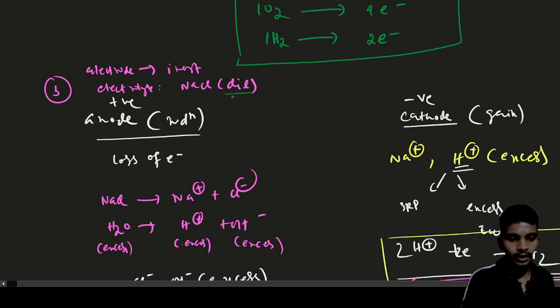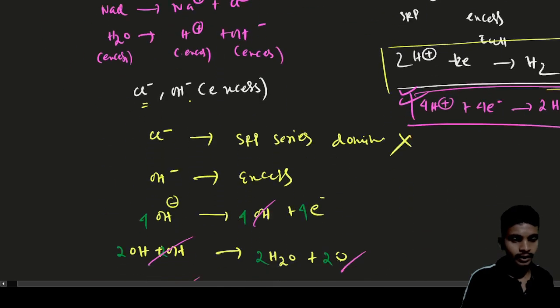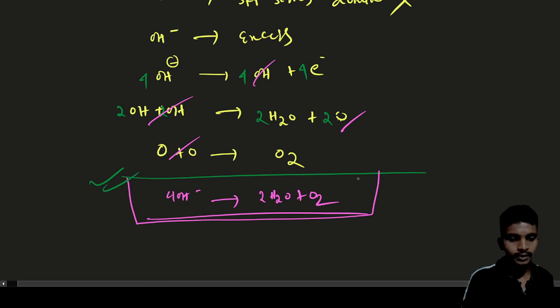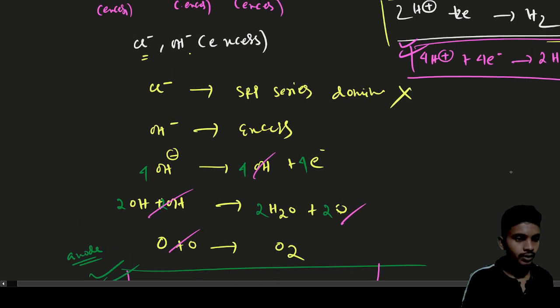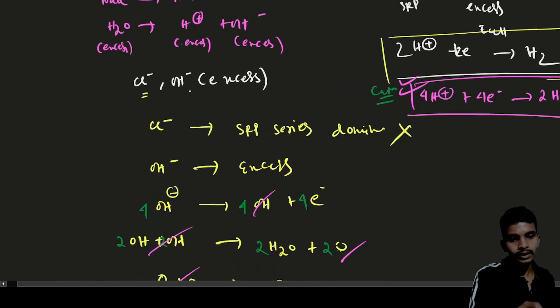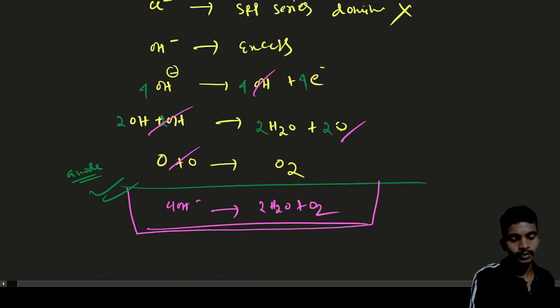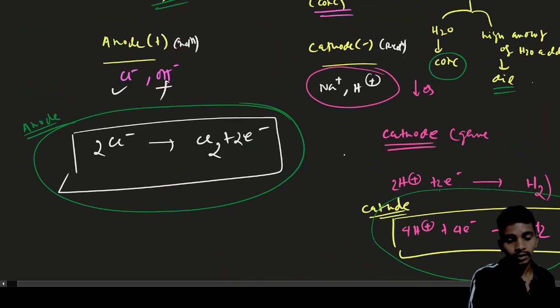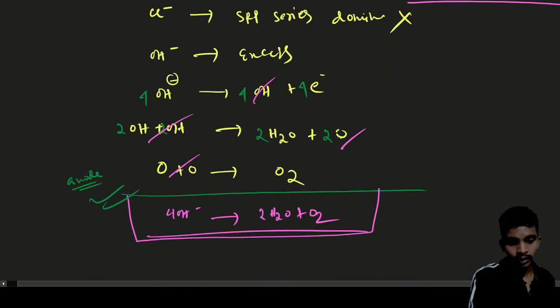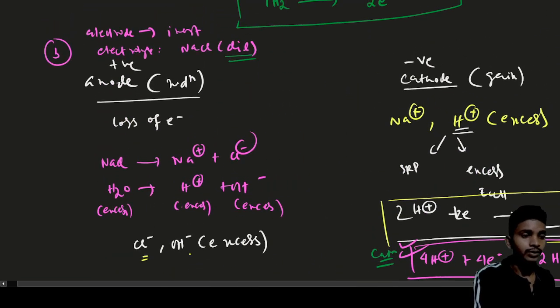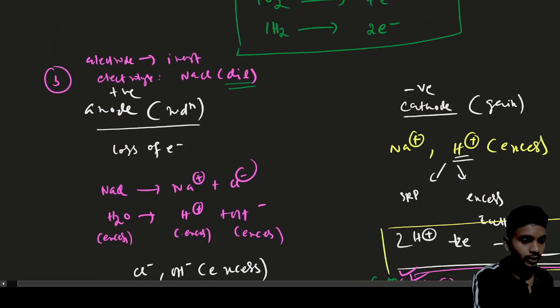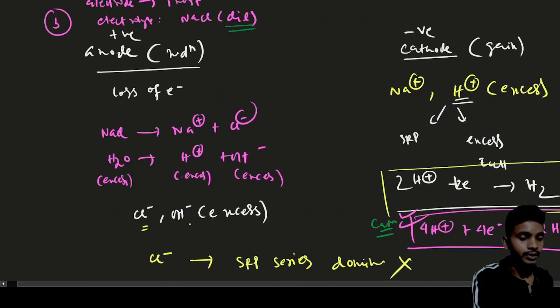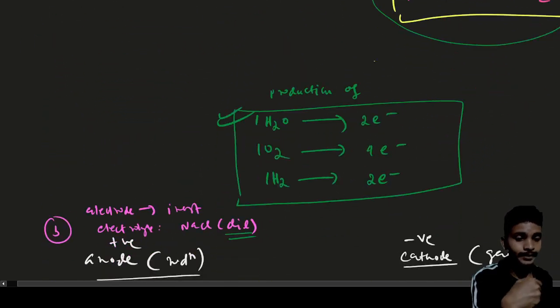If the electrolyte is dilute, then the cell reactions will be this, for anode and cathode. For dilute, OH minus will be at the anode; for concentrated, Cl minus will be at the anode. For cathodes, in both cases H plus wins.